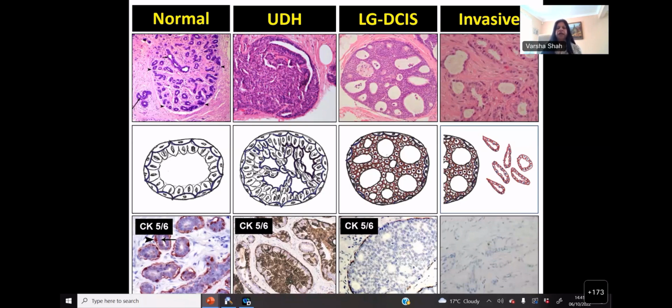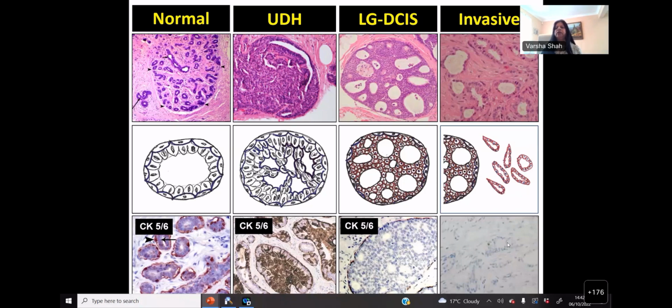So just to highlight this, with CK5-6 in normal, you have presence of the outer myoepithelial layer. In usual ductal hyperplasia, there is inner epithelial layer proliferation and preservation of the myoepithelial layer. In DCIS, the inner epithelial proliferation is CK5-6 negative, it is neoplastic, while the outer myoepithelial layer stays CK5-6 positive and is preserved.